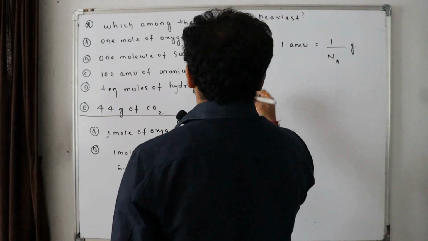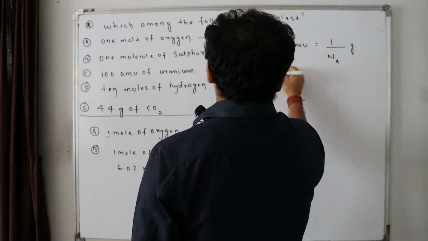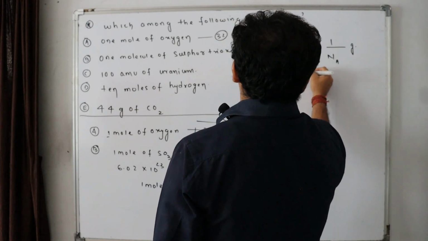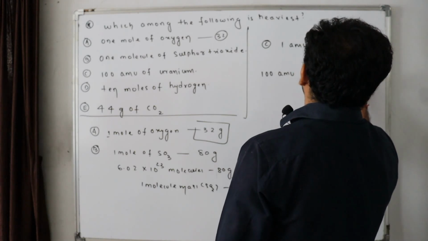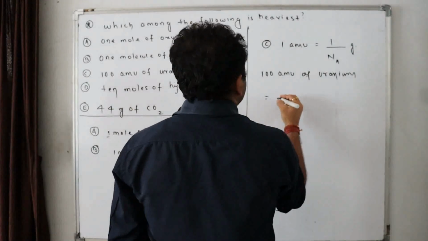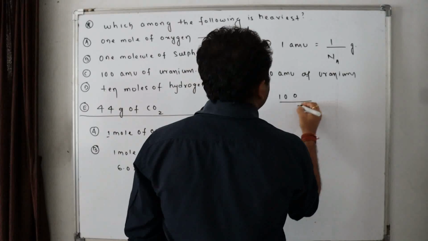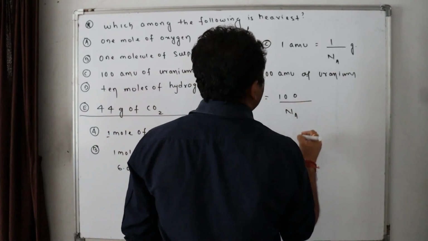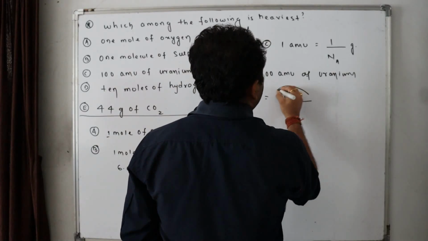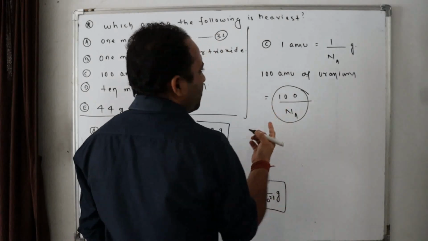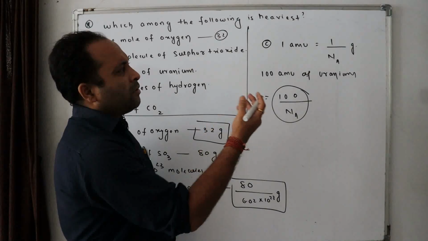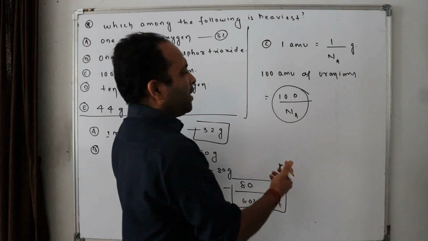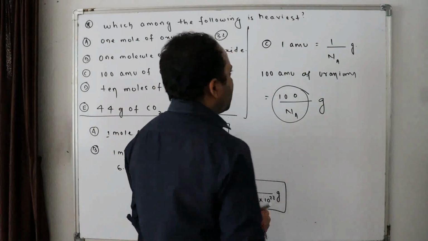Now they have given us 100 AMU of uranium. That means 100 times 1 AMU, which is 1 by Na gram. That is 100 by Na grams, isn't it?